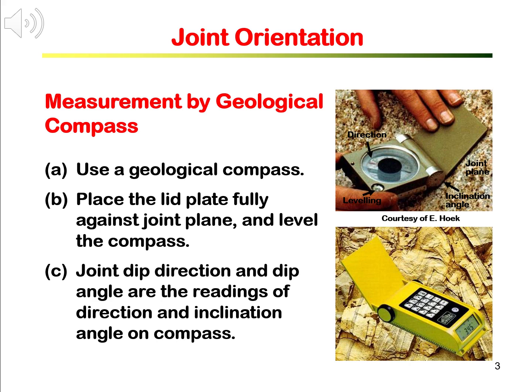If you have an electronic compass, you will still need to do the same in order to get the orientations, except that the readings are given digitally, as shown on the lower right photo. At the site, we often need to take many measurements.